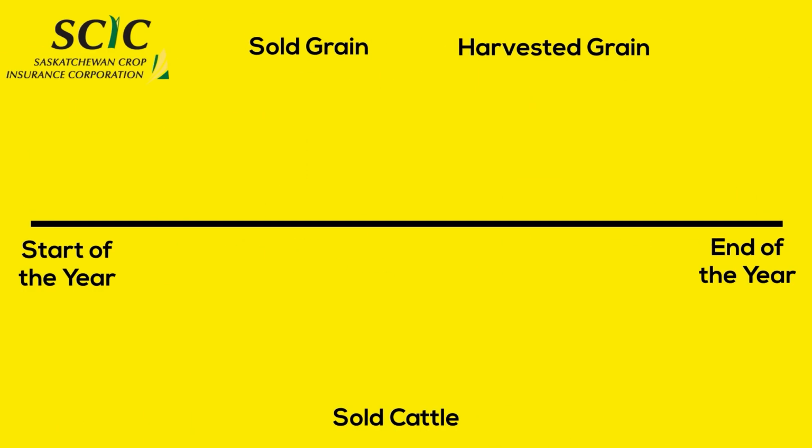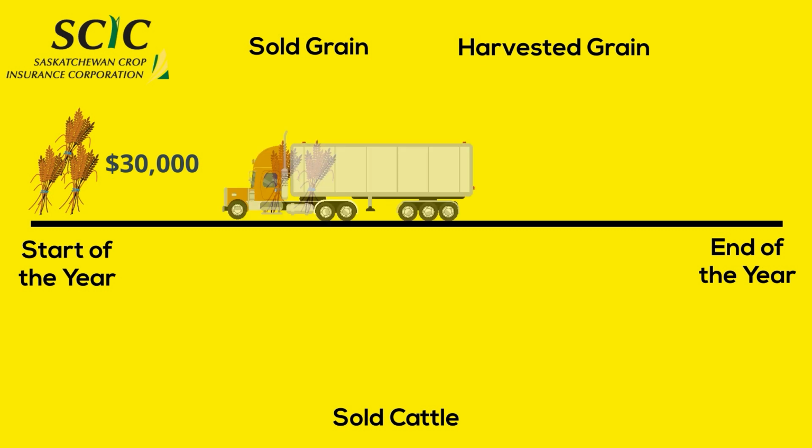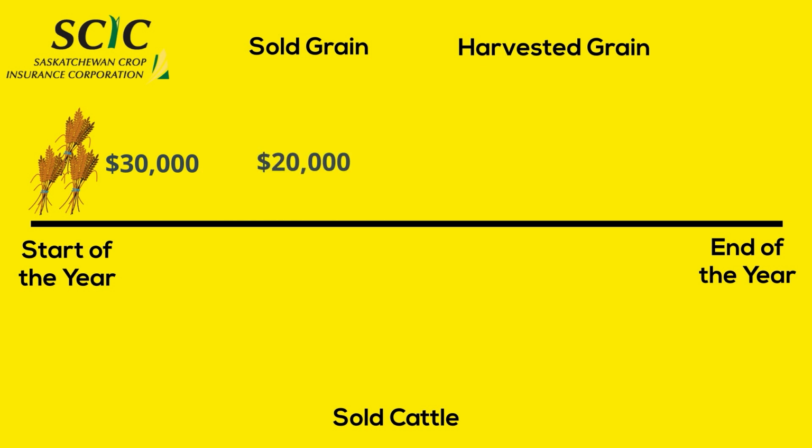Let's have a look at this picture. We'll look at the grain side. At the beginning of the year, we're going to say that there were 3 bins of durum, with each bin worth $10,000. Total $30,000 value. We sold 2 bins, so for AgriStability, we'd look for that offsetting income of $20,000 reported on your taxes.